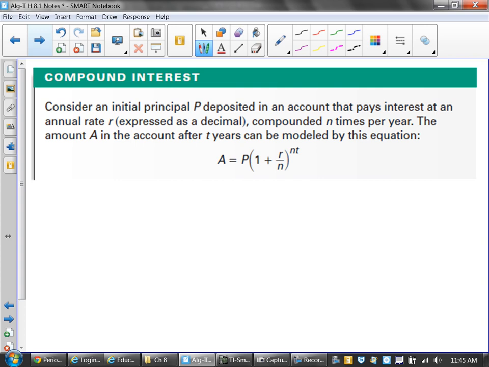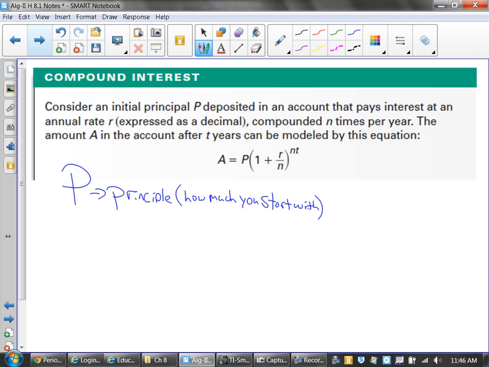It's what you're starting with. That's what they call the value of P. P is the principal amount, and it's how much you start with.